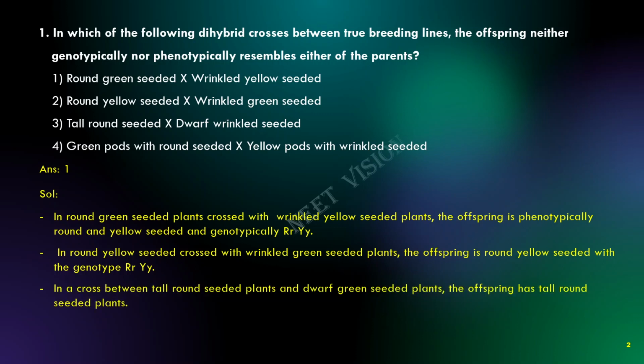In a cross between tall round seeded plants and dwarf green seeded plants, the offspring has the tall round seeded plants. So it resembles genotypically, phenotypically neither of the parents. Green parts with round seeded, yellow parts with wrinkled seeded. Automatically it will be green and round seeded.